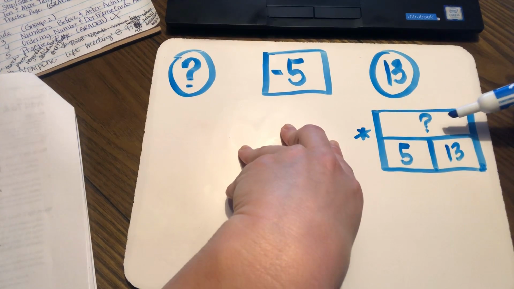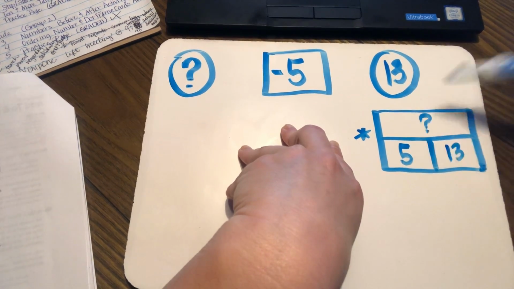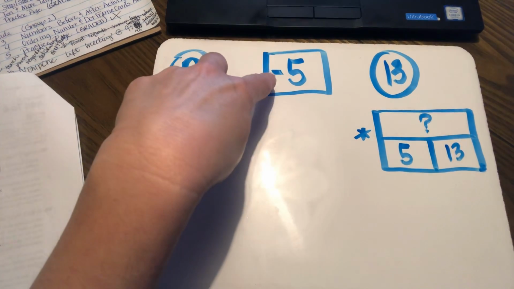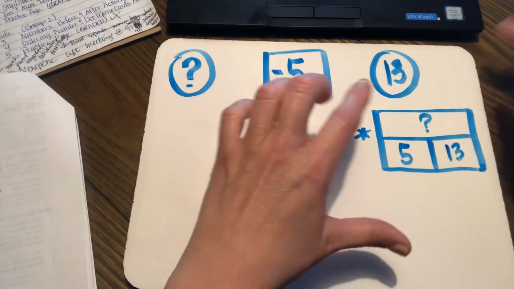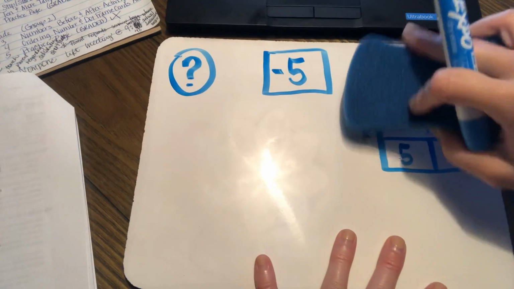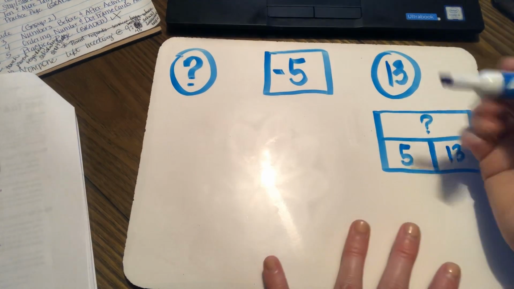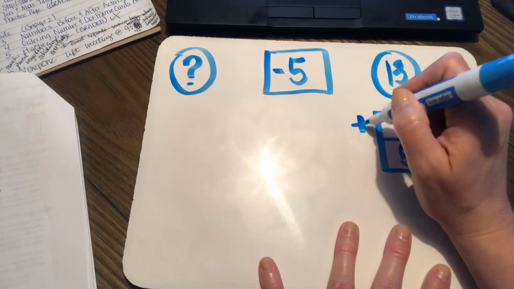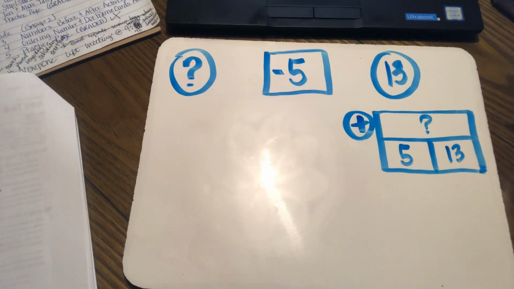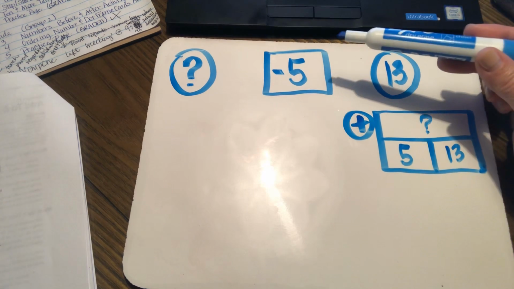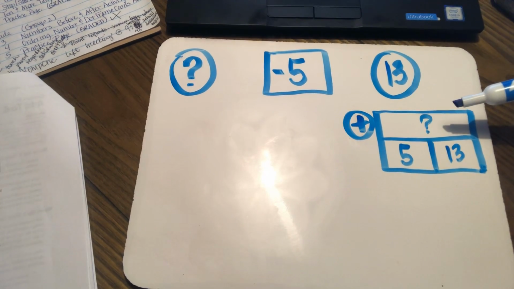Now, boys and girls, in this story we are taking things away, but I want you to notice how we are looking for the whole. And you know the song or the chant, the only time I add is when I'm looking for the whole. Well, how can that be, Mrs. Fuson? It's a take from story and I'm adding?